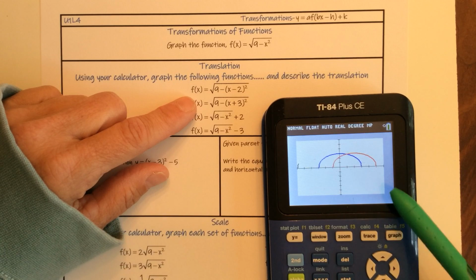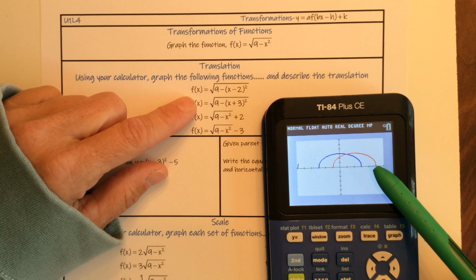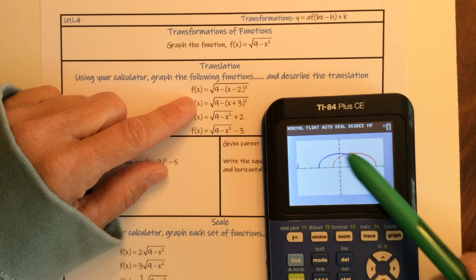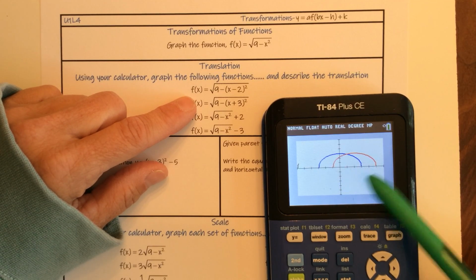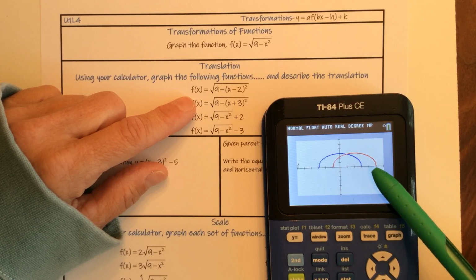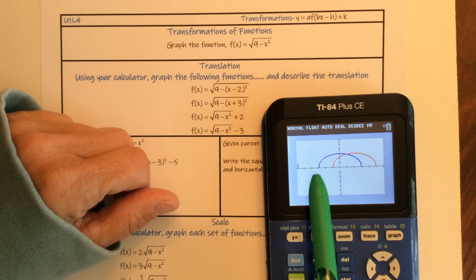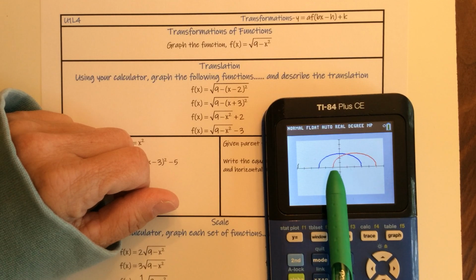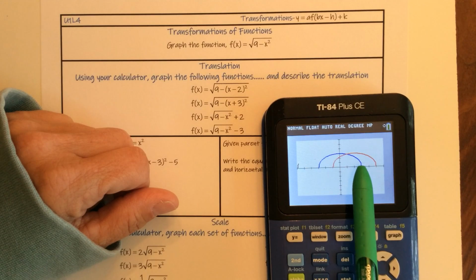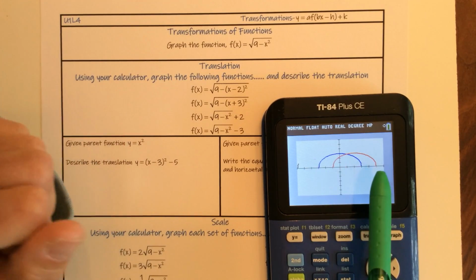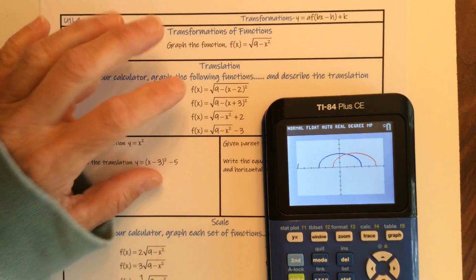Remember, what was in y2 was x minus 2, and the blue graph has been translated, or shifted, 2 units to the right. If you look at this point, it's over 2, and every point on the blue graph has been shifted horizontally 2 units to the right.